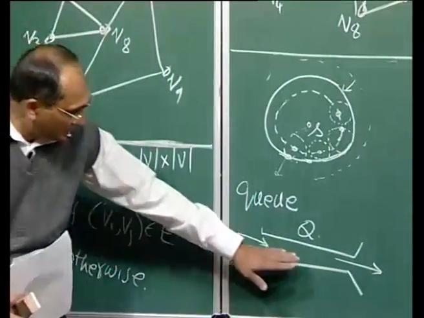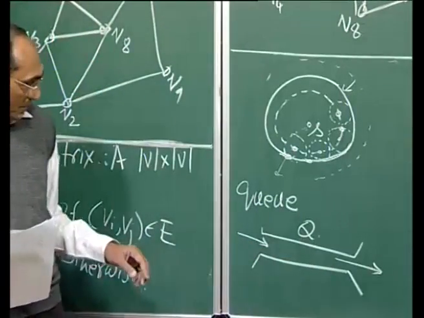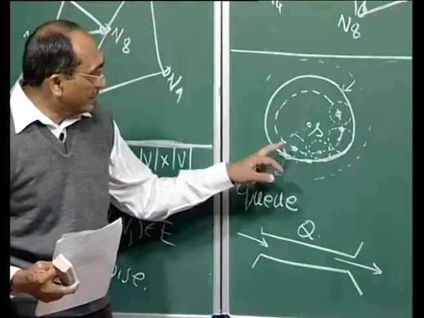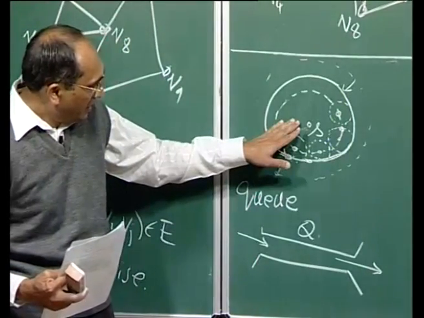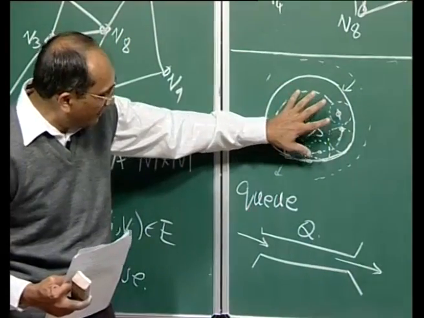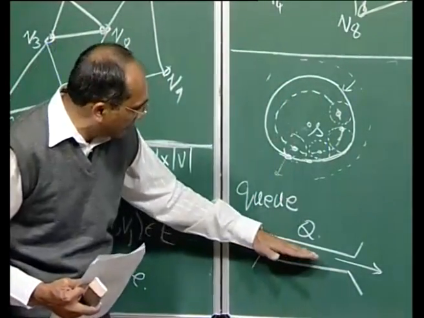The advantage of using a queue is the following. While we are trying to discover the neighbors of a vertex, those which are pending and we have yet to discover those vertices will stay in this data structure.